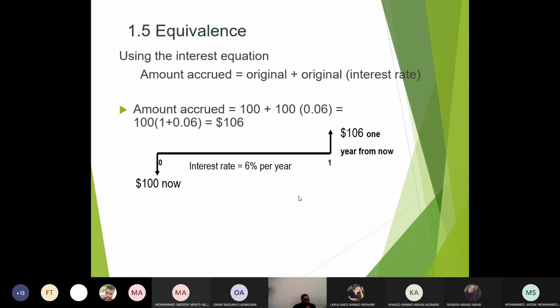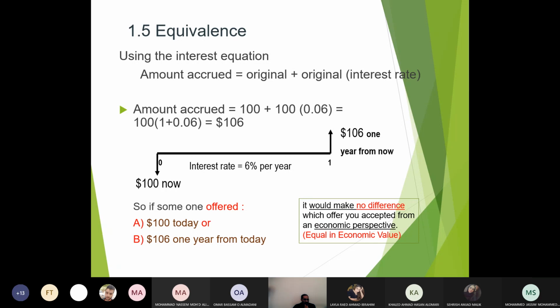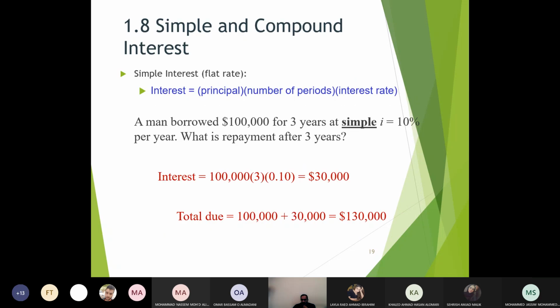Then we moved on to understanding the difference between simple and compound interest, which is very important because we need to understand what we're going to be dealing with as a corporate, as an organization. Simple, as it states, is a very simple statement. Basically, it is the original principal multiplied by number of years multiplied by interest. When is this applied?